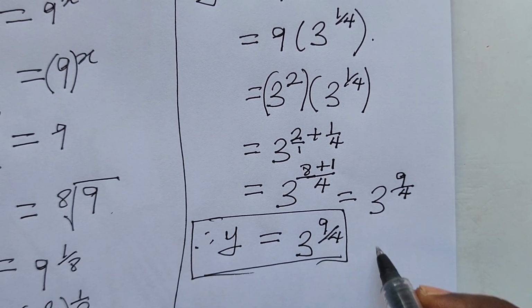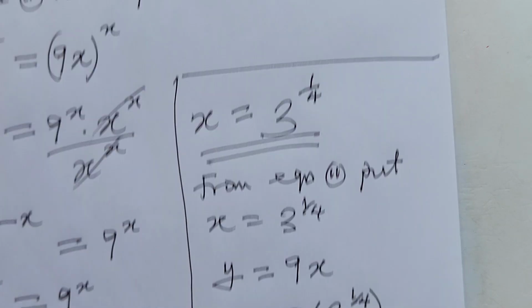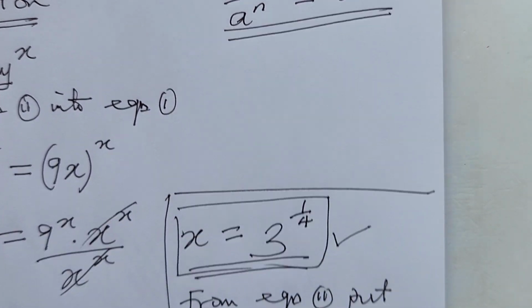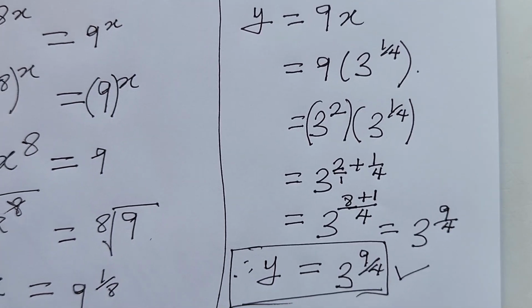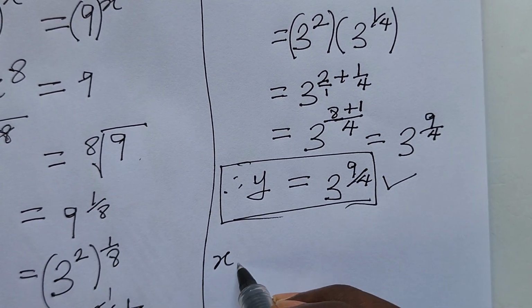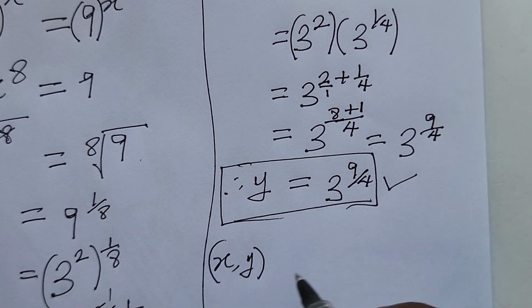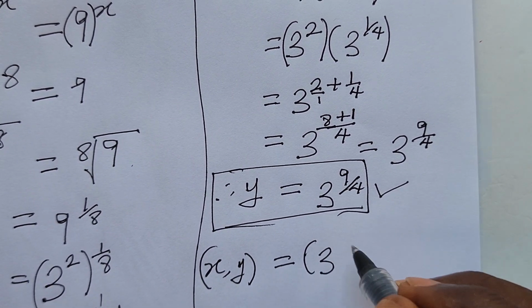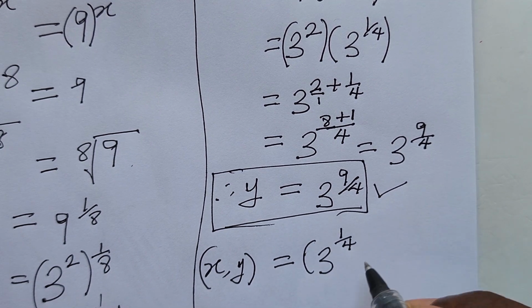Okay, so this is the value of our y. Already we solved for the value of x here, right? So we solved for x. So what are the pairs of solutions or roots that will satisfy our original equation? So we're going to have our x, comma y will now be equal to our x is 3 to the power of 1 all over 4, right?